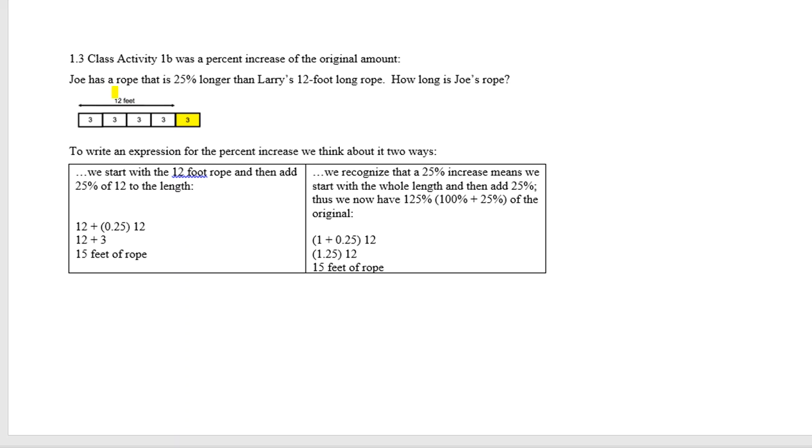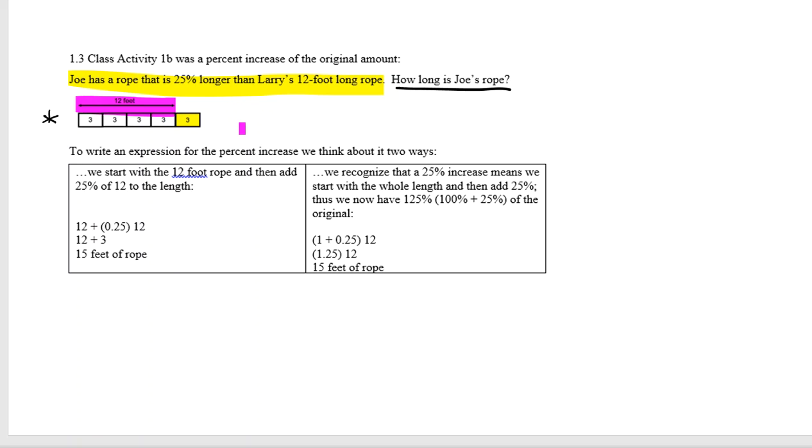Right here it says, Joe has a rope that is 25% longer than Larry's 12-foot rope. How long is Joe's rope? Okay, so we know Joe's rope is longer than Larry's rope by 25%. So the picture right here shows us that we start off with a 12-foot rope, and then this 12-foot rope is going to increase in size.